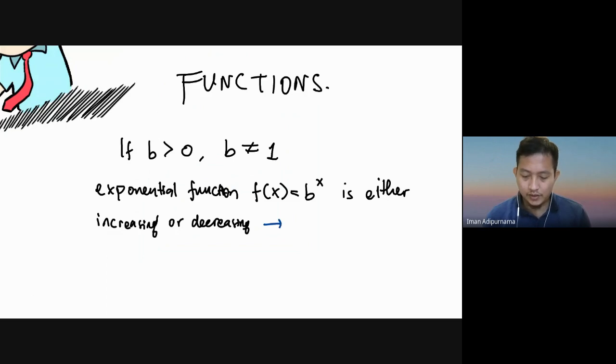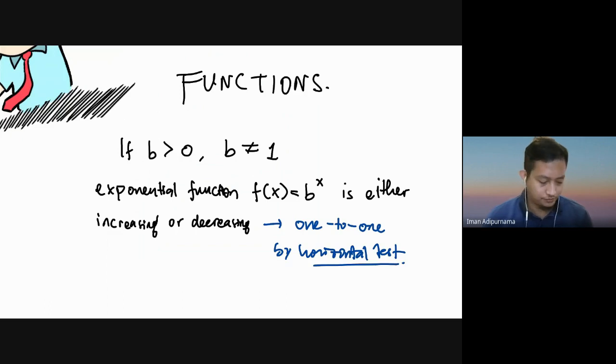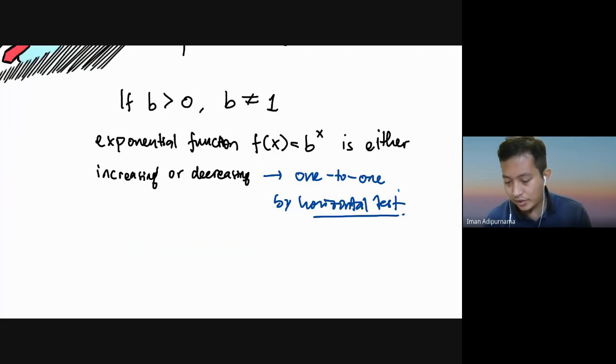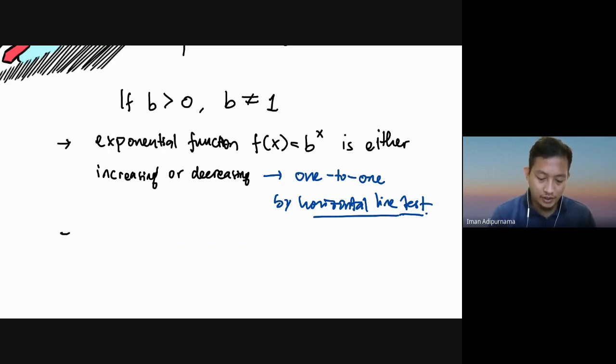And because of that, this is a 1-to-1 function by the horizontal line test. So it is exactly crossing 1 point. If so, this is exponential.